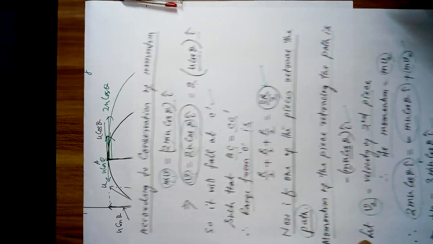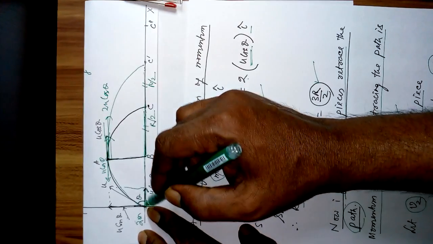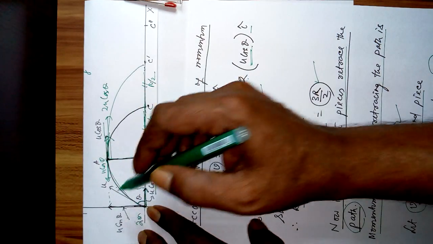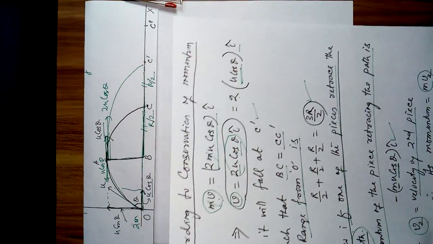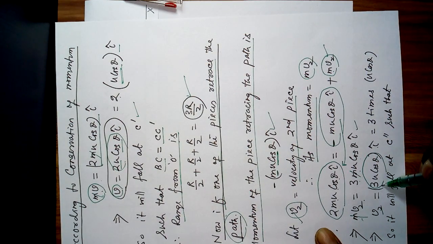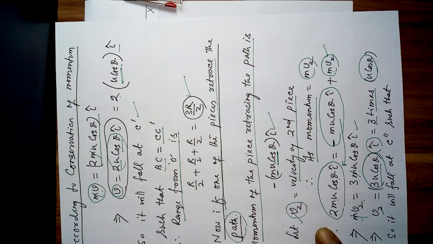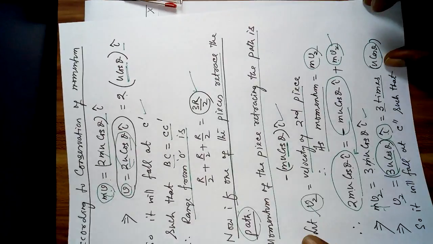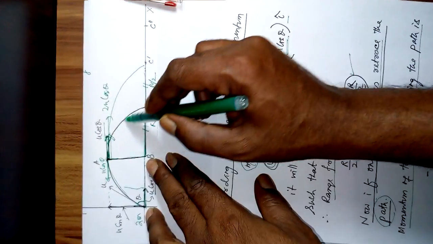Means when one piece retraces the path like this due to u cos theta to this side, the second piece, whose velocity I took as v2, comes out to be 3 u cos theta i cap, means 3 times u cos theta. So due to u cos theta here, it was arriving here.